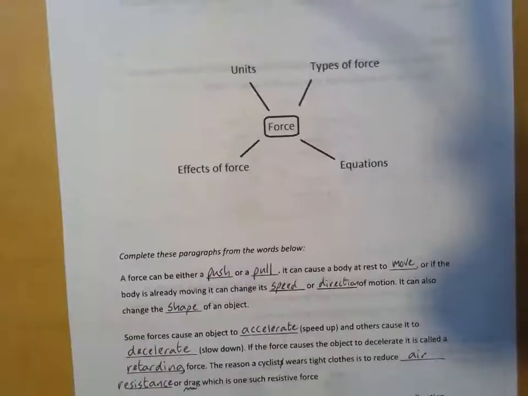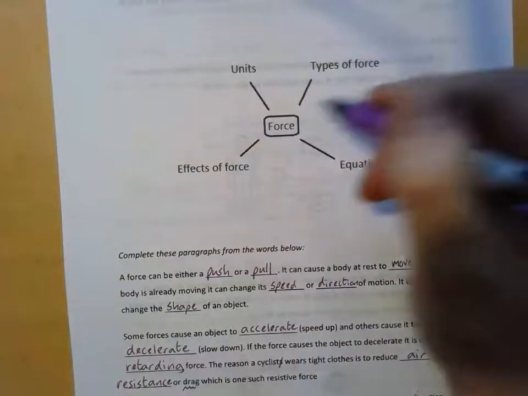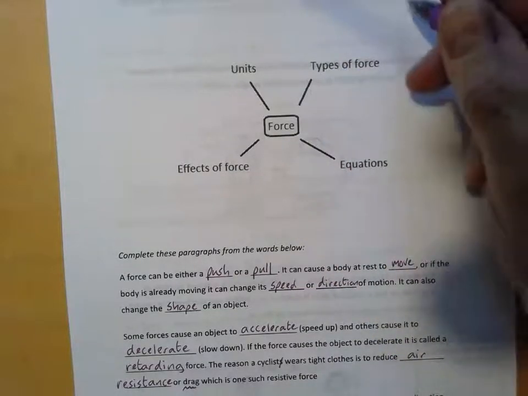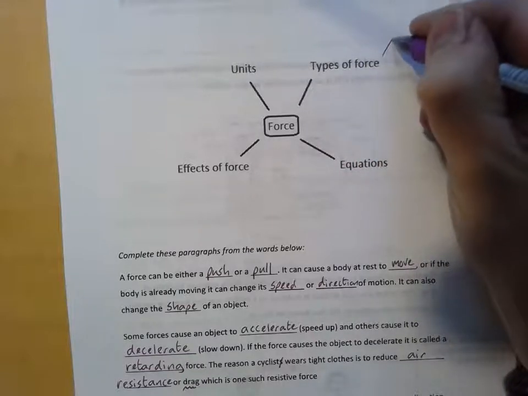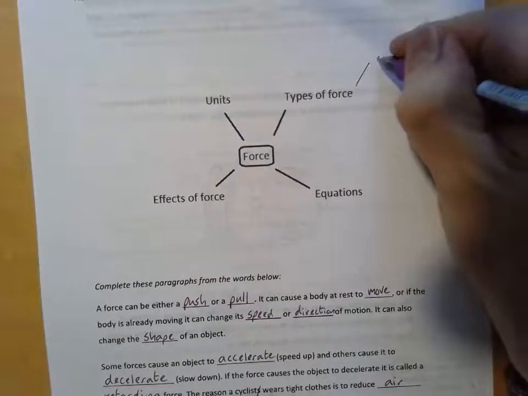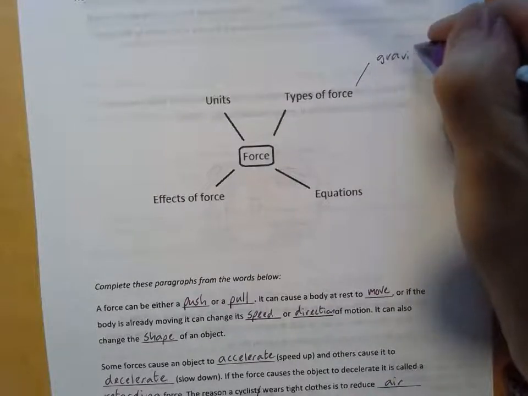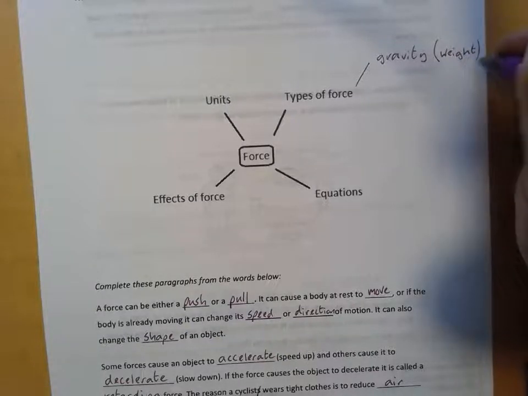Okay, let's go back up to the brainstorm. Right, so types of forces. Well, a force is a push or a pull, and we've already seen some types of forces. We've seen the force of gravity, and the force of gravity on an object is also known as its weight.